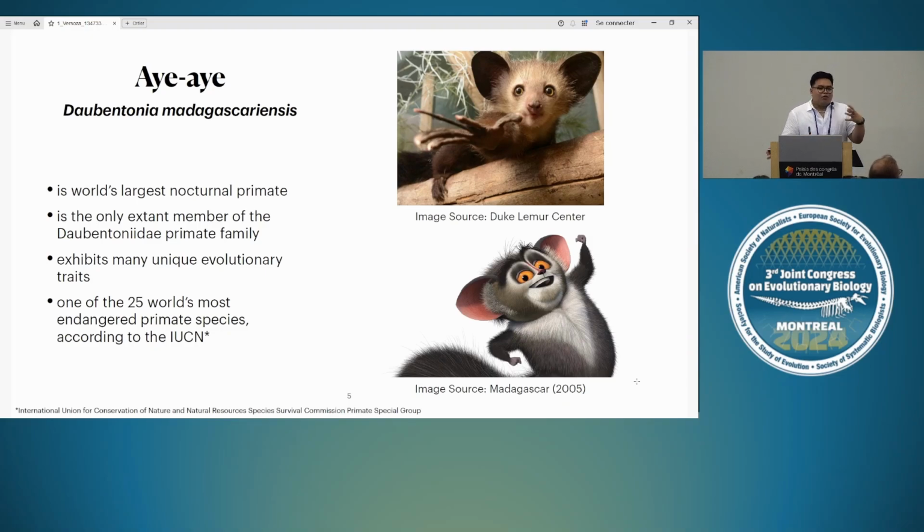On a more serious note, the aye-aye is the world's largest nocturnal primate, and they're the only member of the extant Daubentoniidae primate family, and they exhibit a lot of unique evolutionary traits. As you can see from the live action picture over there, we have 3 things to note. We have the fluffy ears, we have a long skeletal finger, and we have, well, it's not seen there, ever-growing incisors.